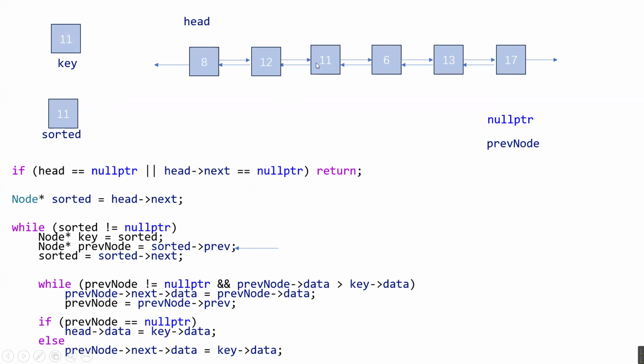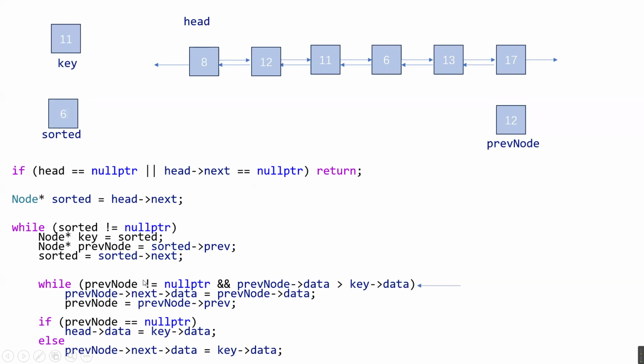Sorted is 11. Its previous is 12, right? Actually, we can regard the 8 and 12, these two elements, as a sorted sequence. So the previous node actually records the last element of the sorted sequence, right? And then the sorted will become sorted's next. That makes sense because it records the next element needed to compare in the next time step.